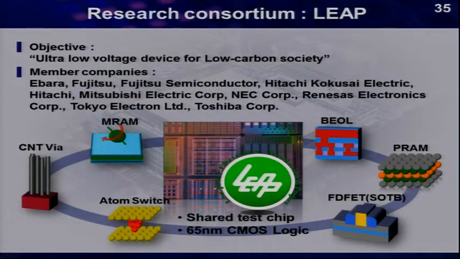Here are research items of LEAP, which include MRAM, PRAM, and atom switch. And also we have a fully depleted FET, which is not BEOL device, but it contributes to decrease the operation voltage and power consumption. And we share the wafer to reduce the development cost.